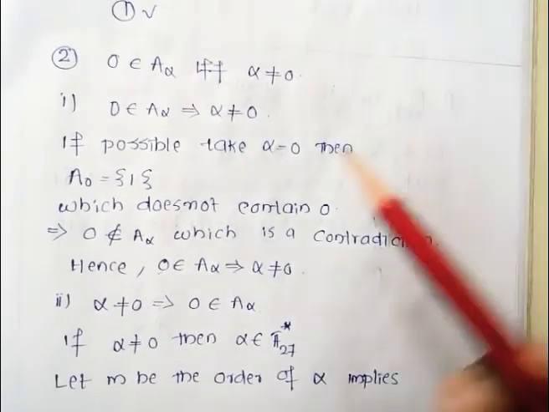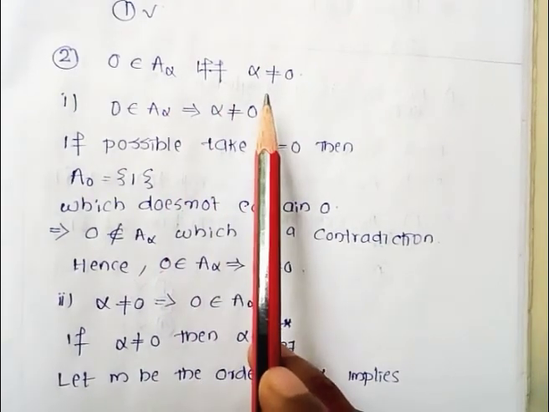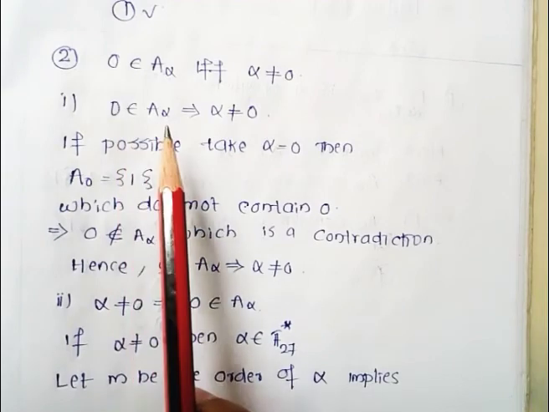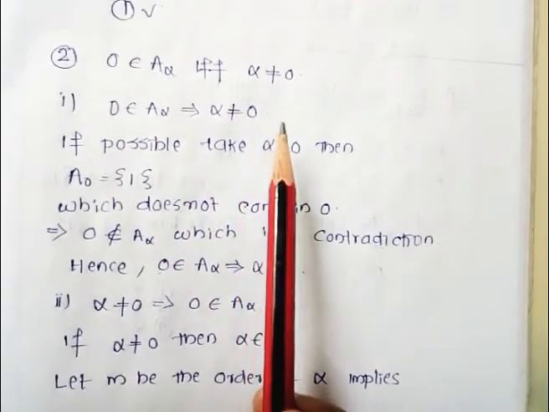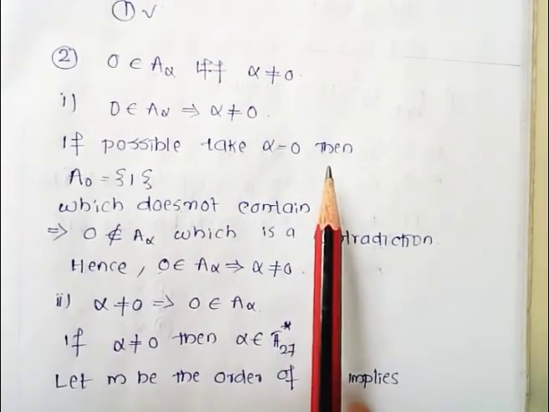Our second option says that 0 belongs to A alpha if and only if alpha is not equal to 0. We take the first part: if 0 belongs to A alpha, then alpha is not equal to 0. If possible, take alpha equal to 0.